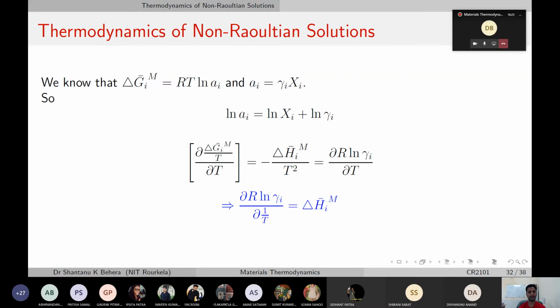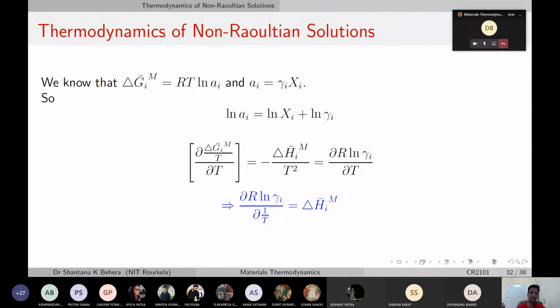And let's say if you look at the free energy of each component upon mixing, that you can write as RT ln ai, which is activity, and ai you can write in terms of gamma and xi, because it's a non-Raoultian solution. So you have to invoke the gamma here. Gamma i, which is a thermodynamic activity coefficient.